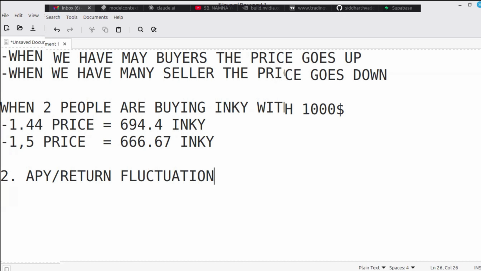The main concept is that we are buying an asset, staking an asset, and getting profit from the new coins that are coming into supply every single day.